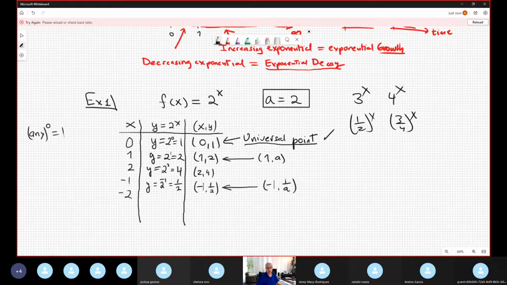Entonces this point, and this point together is enough to understand a little bit better the exponential function. And negative 2 is y equal 2 to the negative 2 is 1 over 2 to the second power, 4, 1/4. Is negative 2, 1 over 4.